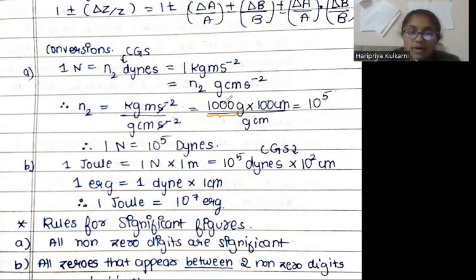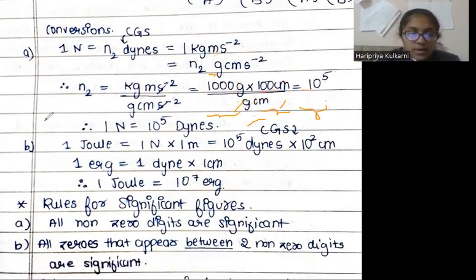Here it is in meter, I want it in centimeter, so I'll multiply by 100. Gram per centimeter on both sides gets cancelled out. I'll have 10 to the power 5 as my N2. So 1 Newton is equal to 10 to the power 5 dynes.